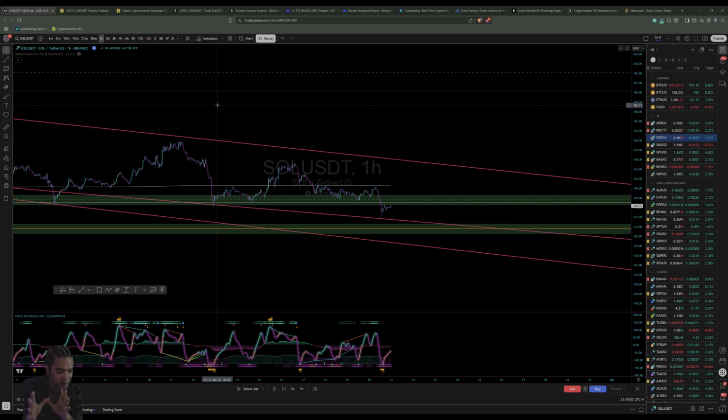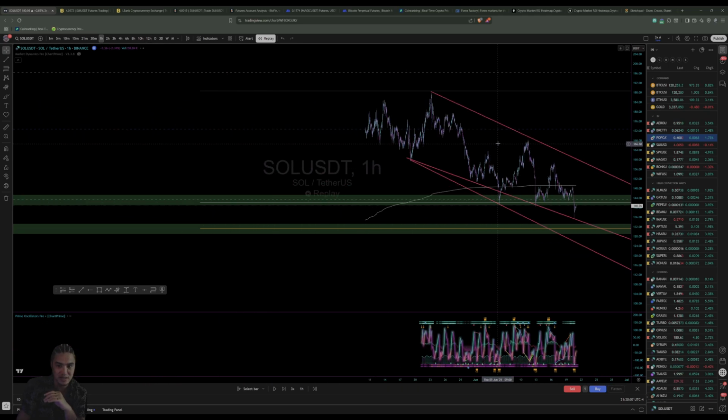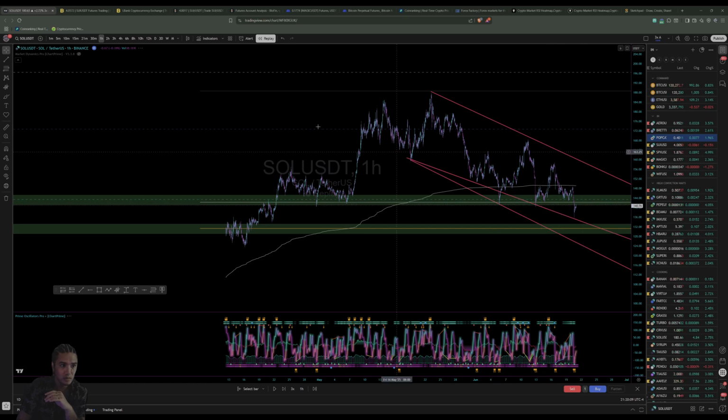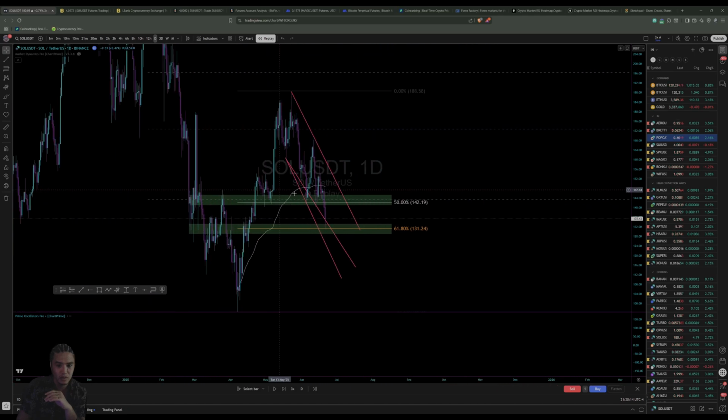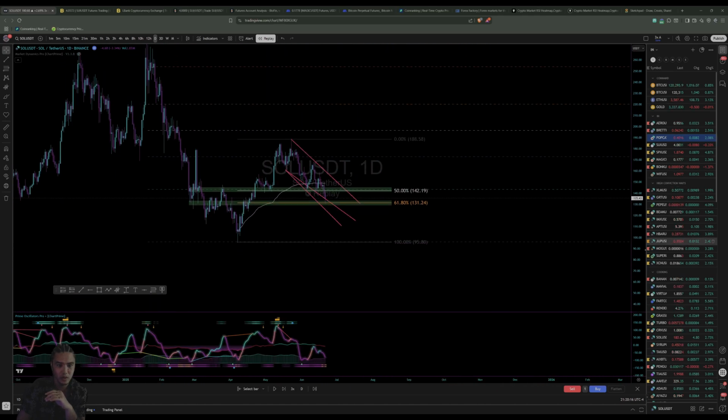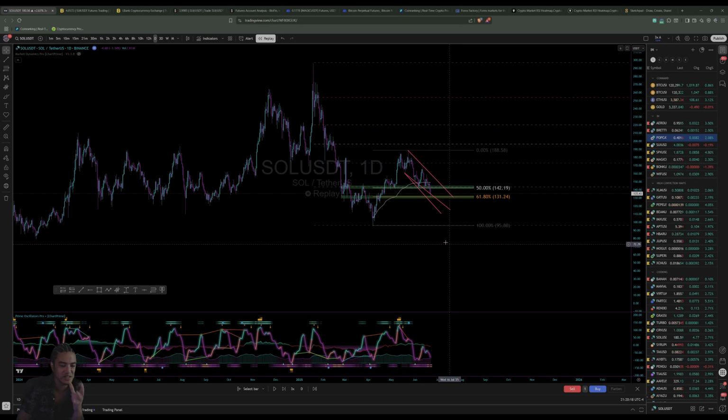Whatever the high time frame says, in between, lower time frames could do a bunch of this. But in the grand scheme, look at this downtrend, and look at the same one on the daily. It just looks like a fractal. It's just regular price action, right?